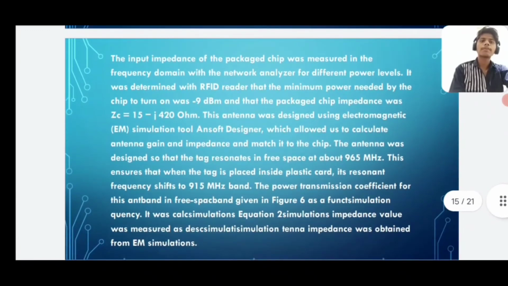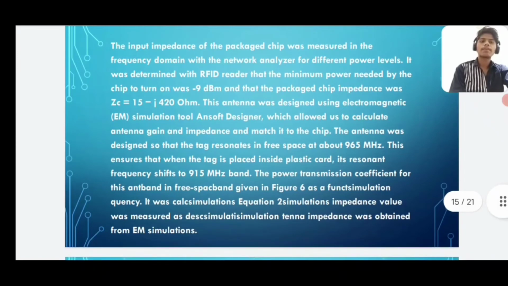The input impedance of the packaged chip was measured in the frequency domain with a network analyzer for different power levels. It was determined with an RFID reader that the minimum power needed by the chip to turn on was 9 dBm, and the packaged chip impedance was Z equal to 15 minus j420 ohms.